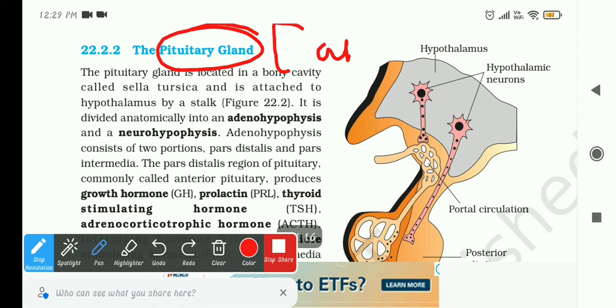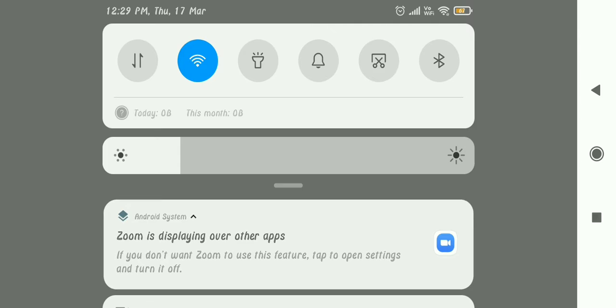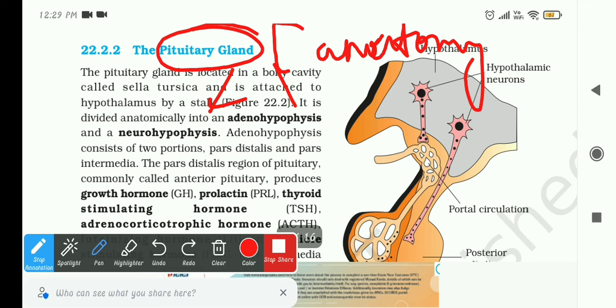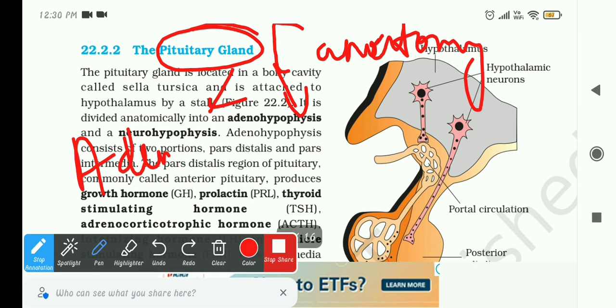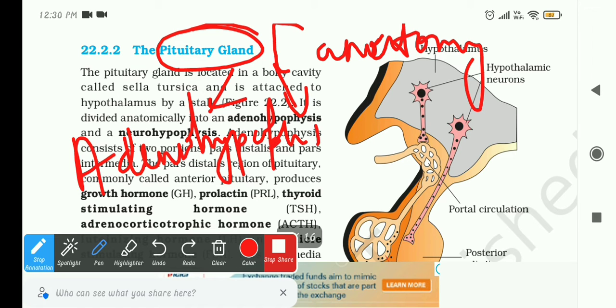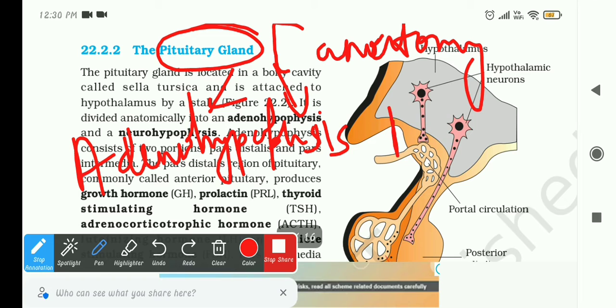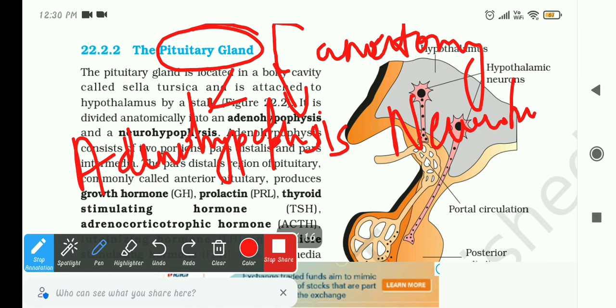So we have the anatomy of the pituitary gland. Because of the anatomy, we have divided the pituitary gland into two parts: the first is adenohypophysis, and the second is neurohypophysis.